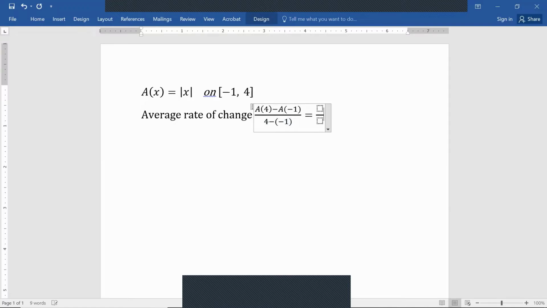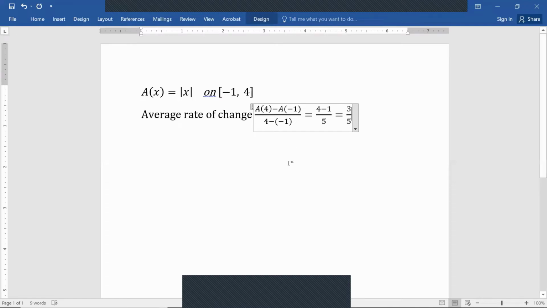Absolute value of 4 is just 4. Absolute value of -1 is a +1. In the denominator, 4 minus -1 is a 5. So that means the average rate of change is 3/5.